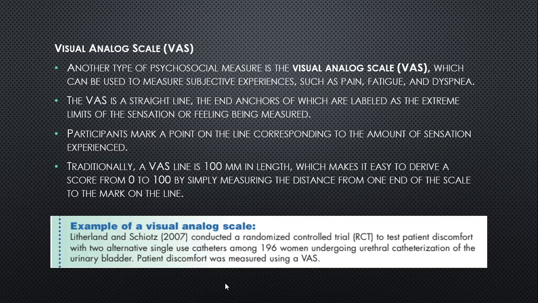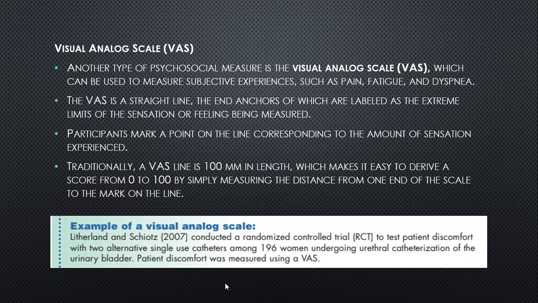The participant marks a point on the line corresponding to the amount of sensation experienced. Traditionally, a visual analog scale line is 100 millimeters in length, which makes it easy to derive a score from 0 to 100 by simply measuring the distance from one end of the scale to the mark on the line.